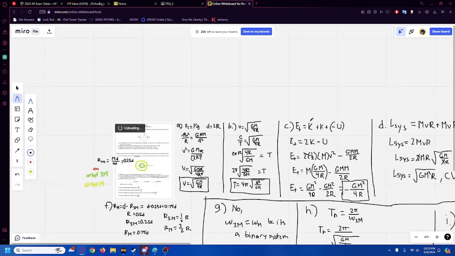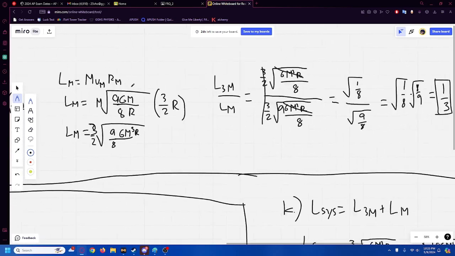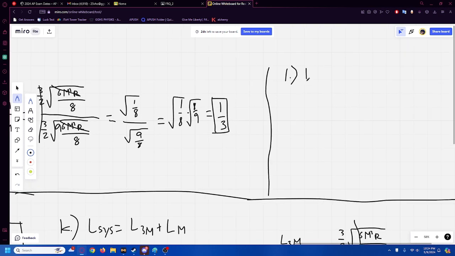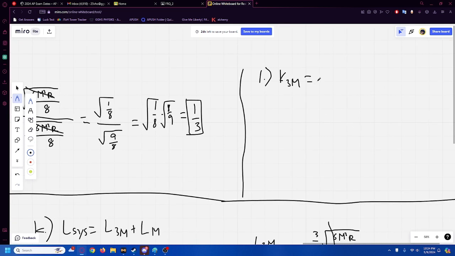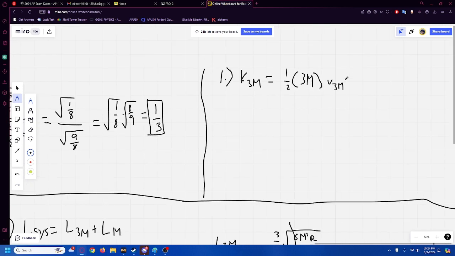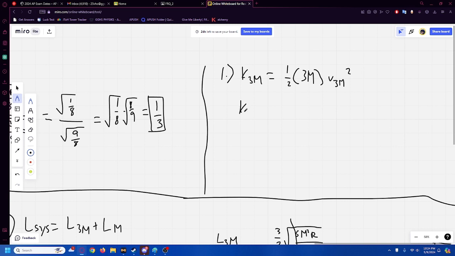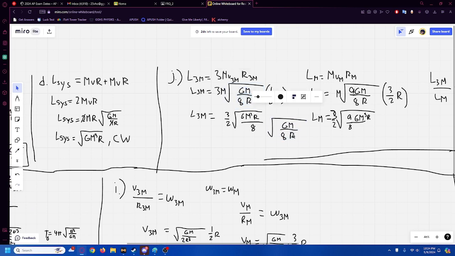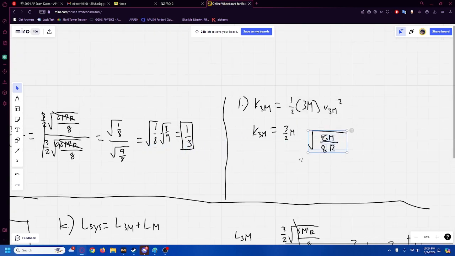And then part L is asking for a ratio of kinetic energy. So K_3m is equal to 1/2 times 3m times V_3m squared. So this is 3 over 2 m times V_3m squared. V_3m is this, and you square it, so it'll be GM over 8R.